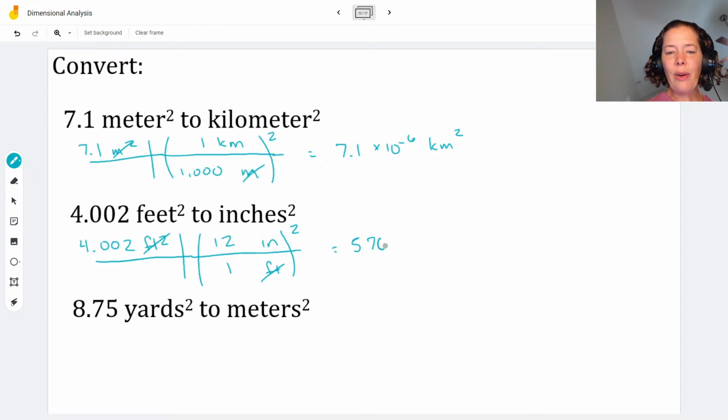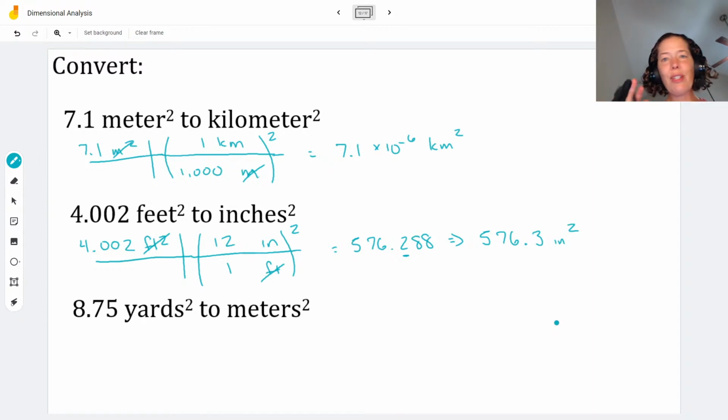And I'll put down the crazy decimal first. Let's round to the correct number of sig figs. So I have 4 sig figs here. This is an exact. So I need to have 4 sig figs in my answer. So I'm rounding right here. So this is 576.3 inches squared. Okay. Any questions?